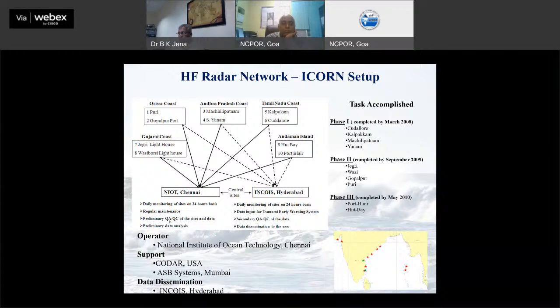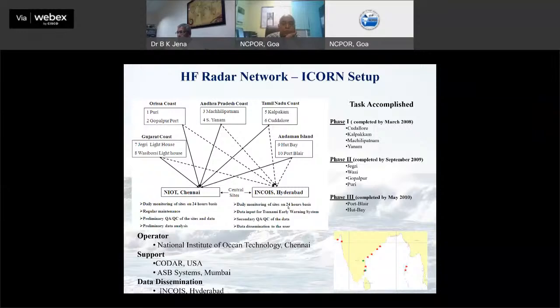NIOT has brought out a QAQC manual, which is available on the websites of INCOIS as well as NIOT. And we send for repair immediately. We have faced a lot of hurdles in maintaining this system, but still we are able to get a good return of the data.